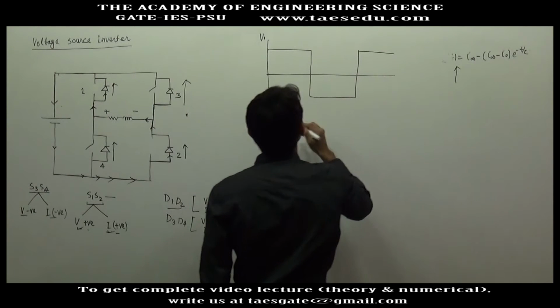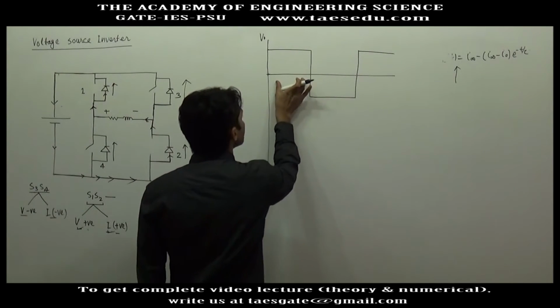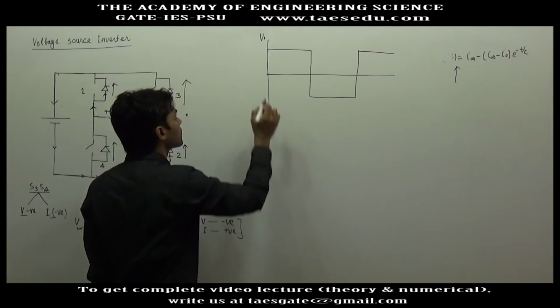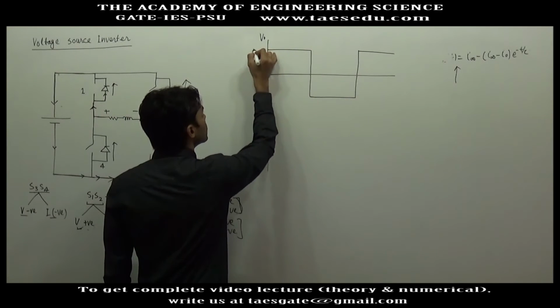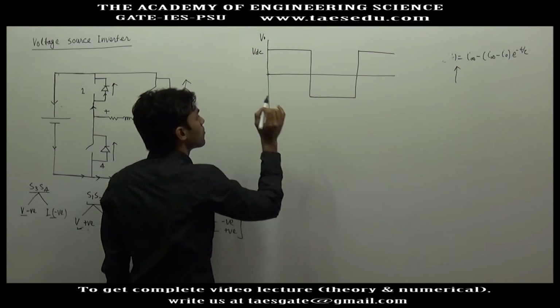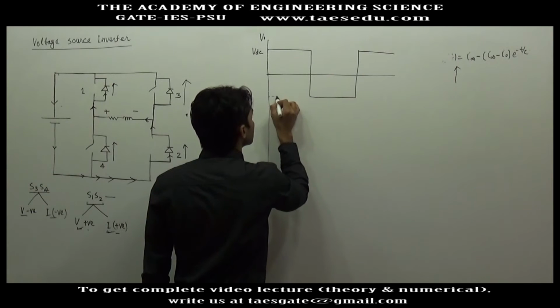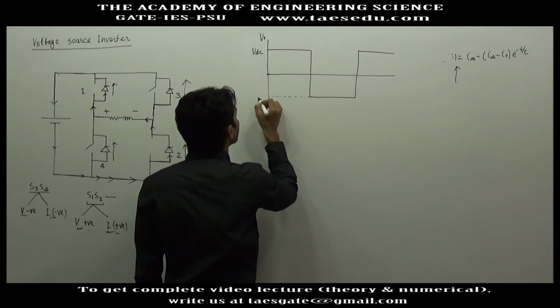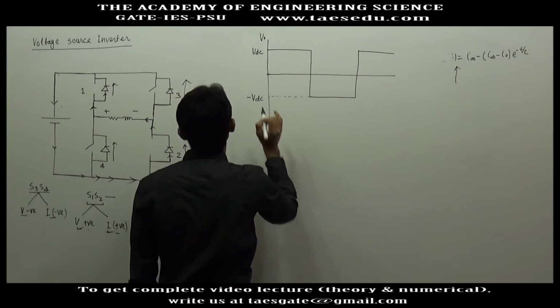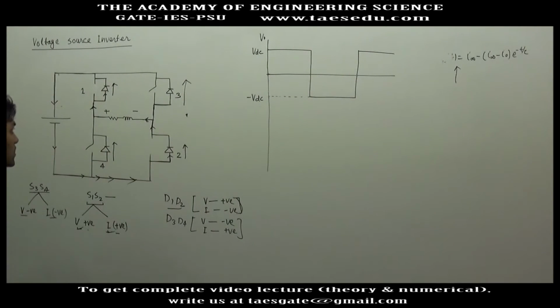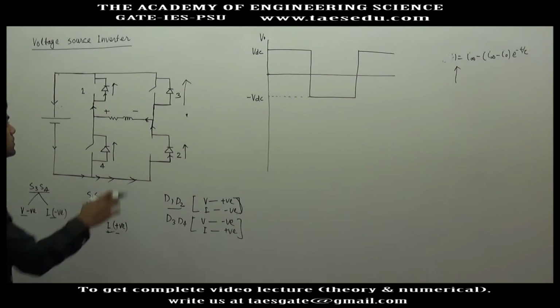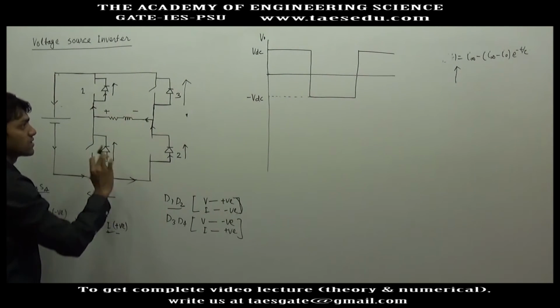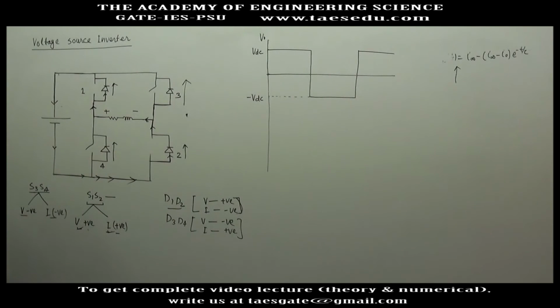Okay, the duration for which the output voltage will be positive VDC, for the same duration the output voltage will be negative VDC, because the switching sequence is symmetrical. Both the switches of both the legs are being turned on and turned off for the same duration.